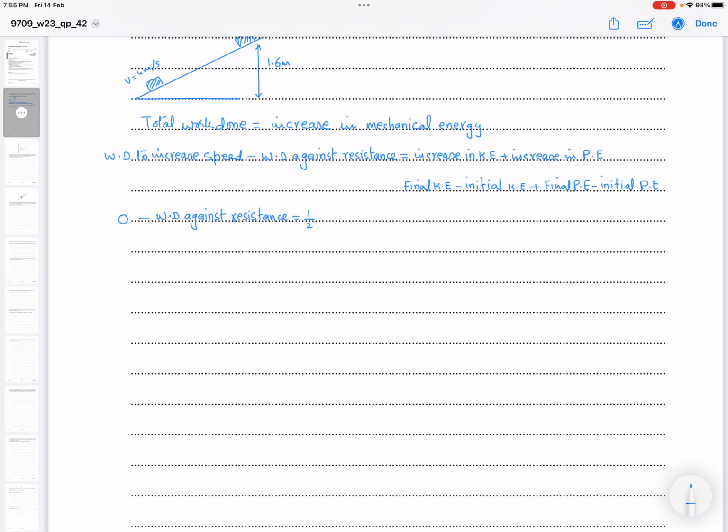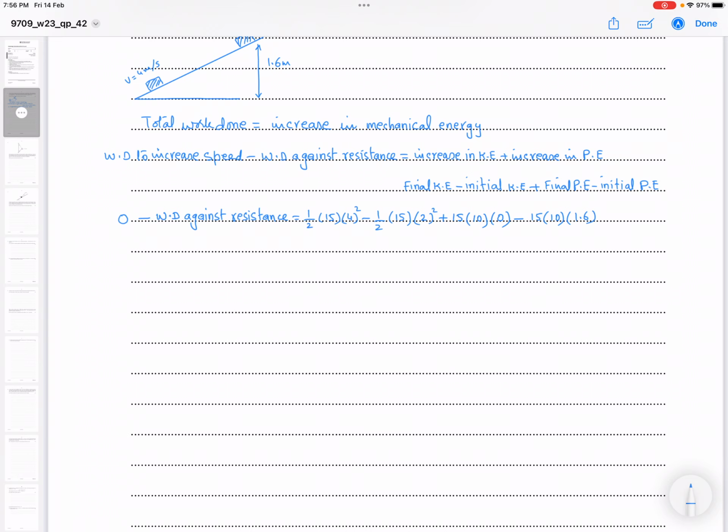So half m is 15 and v is 4, minus initial kinetic energy, again half mv squared, so half, m is 15 and v is 2, plus, now final potential energy. The formula for potential energy is mgh. So m is 15, g is 10, and height is 0. When the block comes down, the height becomes 0 there, minus initial potential energy, again mgh, m is 15, g is 10, and height is given 1.6.